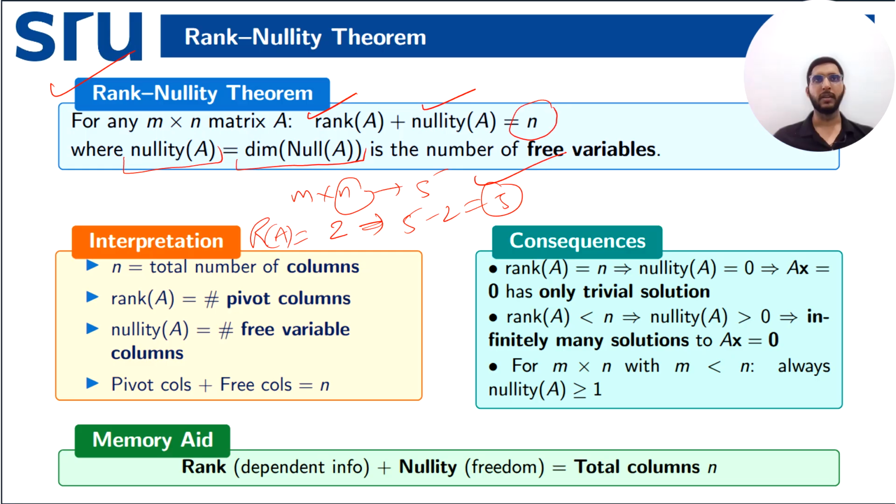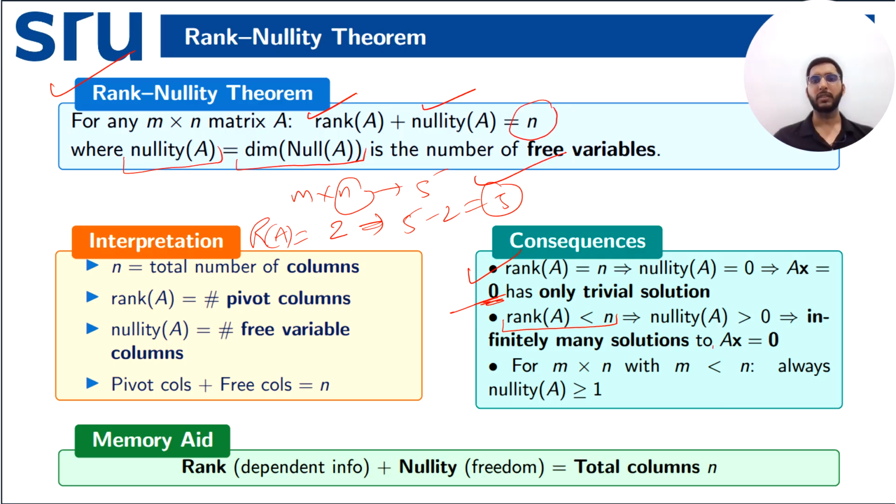Now some important consequences of the rank nullity theorem we'll be looking at. If rank is equal to n, then nullity must be 0 only. For rank of A less than n, there are definitely free variables, which means the system has infinitely many solutions.